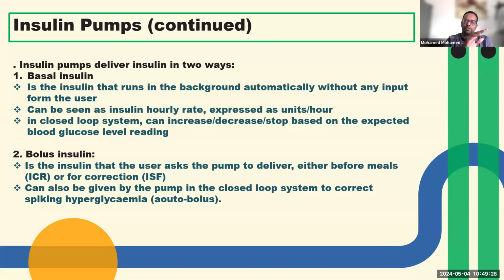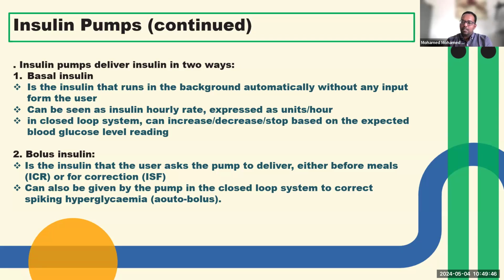So if your blood glucose is trending up, it will increase that. If it's trending down, it will decrease that. If it's going really down, it will just stop for some time and then continue again. This is what the pump in the closed loop system can do for you.